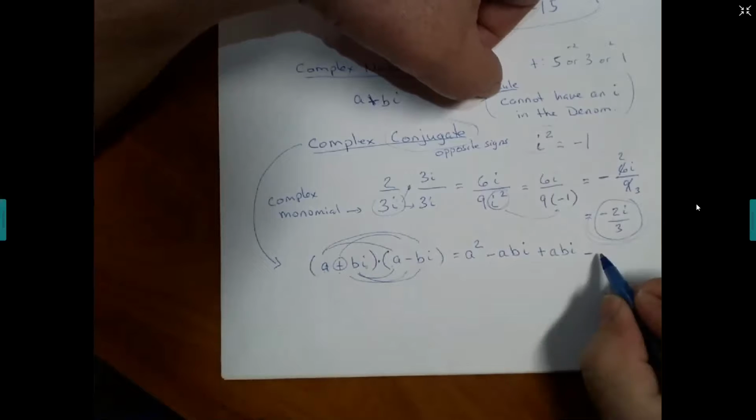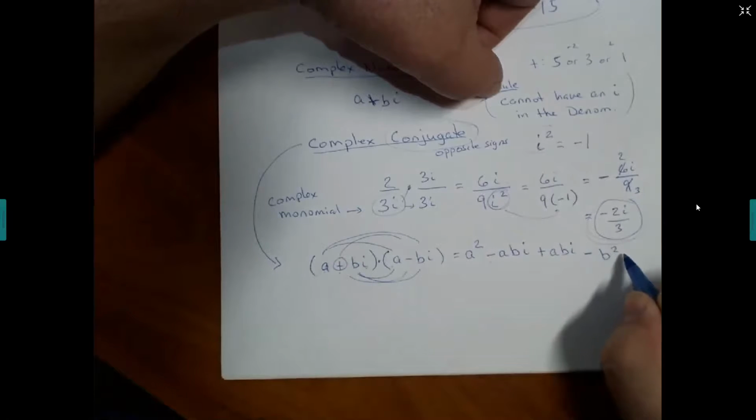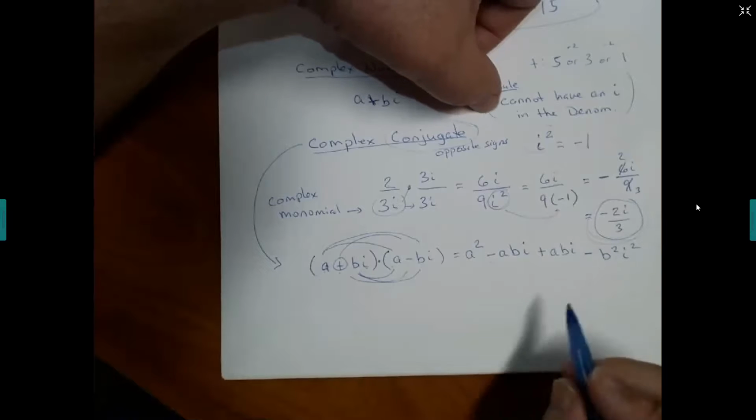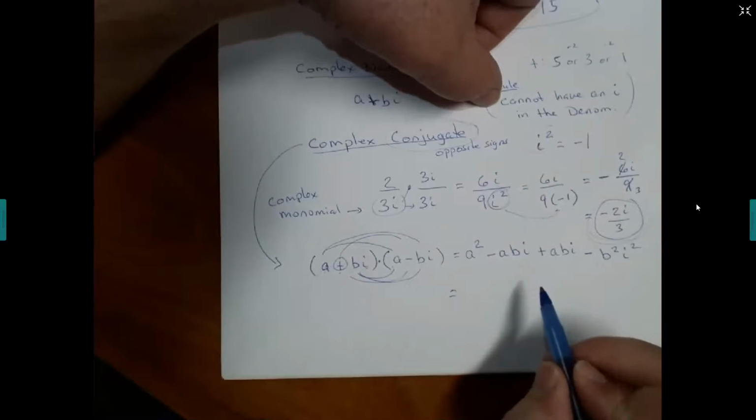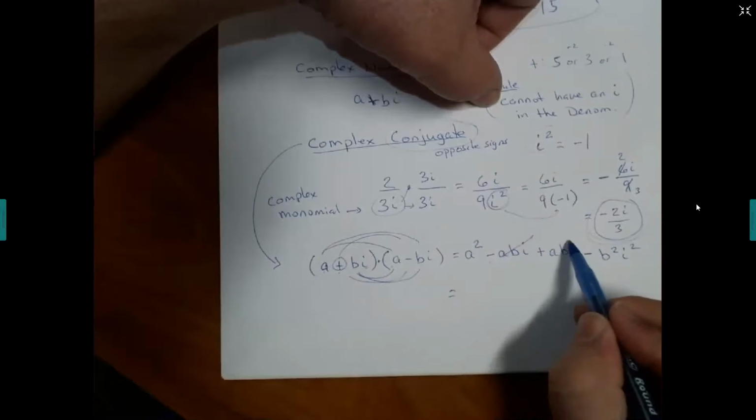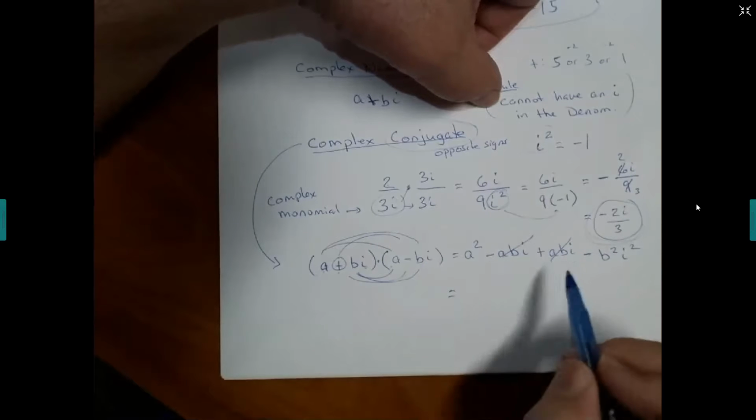BI times BI is what? B squared, I squared. Very good. So we combine like terms. The ABIs cancel.